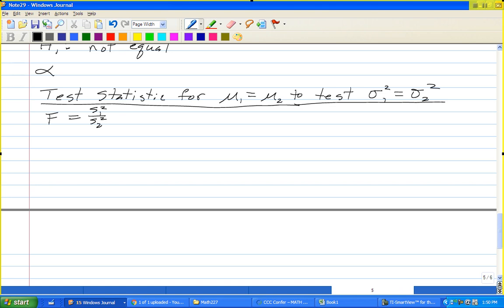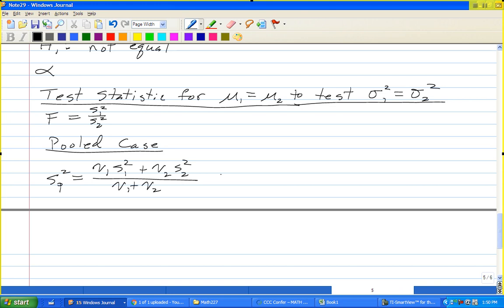For the pooled case, suppose that they were equal. Then the pooled variance was just a weighted average of the variances over the degrees of freedom.